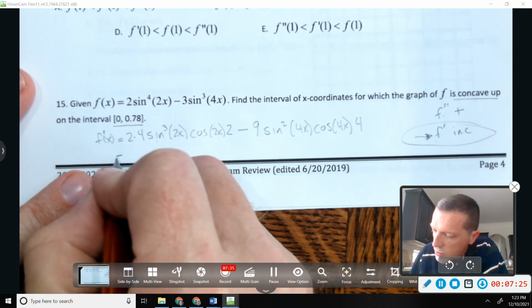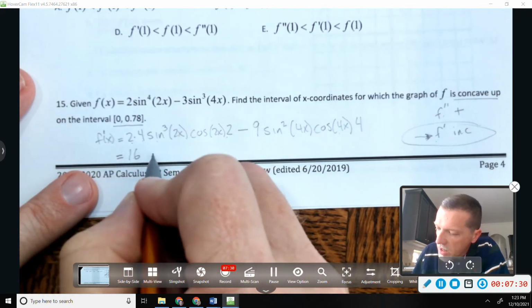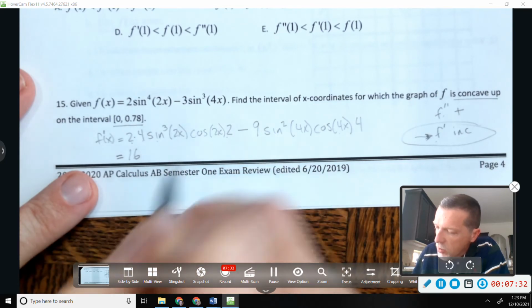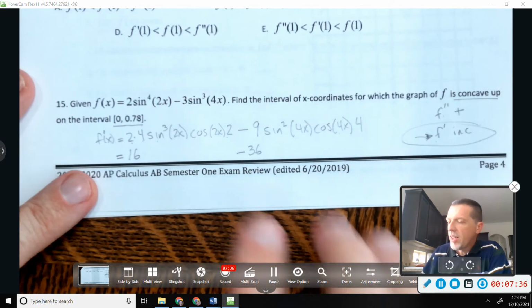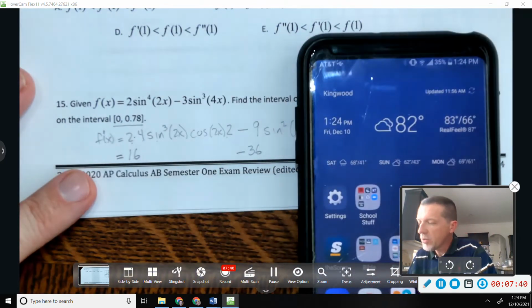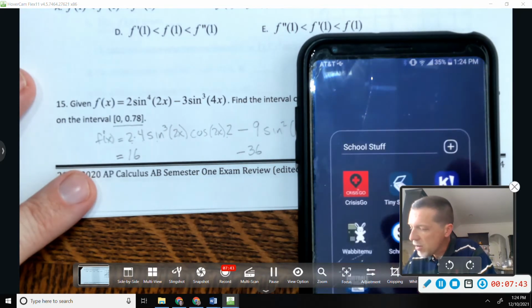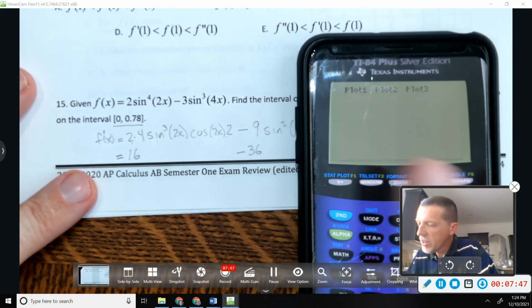Maybe I'll clean it up a little bit here. 2 times 4 times 2 would be 16. Sine cubed cosine of 2x. And then 9 times 4 is 36. And there's probably some crazy trig identities that would help us with that, but I don't want to mess with that. I just want to type it into my calculator / phone here.